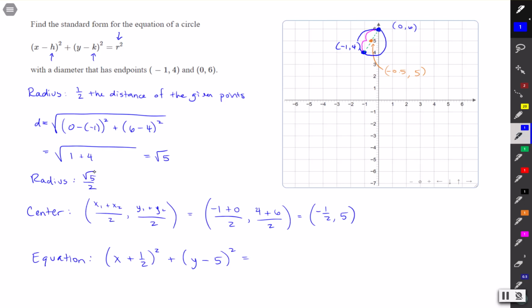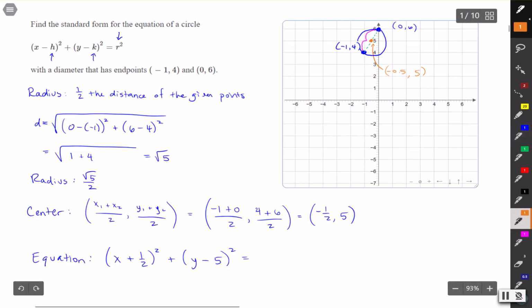The square of the radius: the square root of 5 over 2, squared. The square root of 5, when I square it, is positive 5, and when I square 2, that's 4. So it equals 5/4.